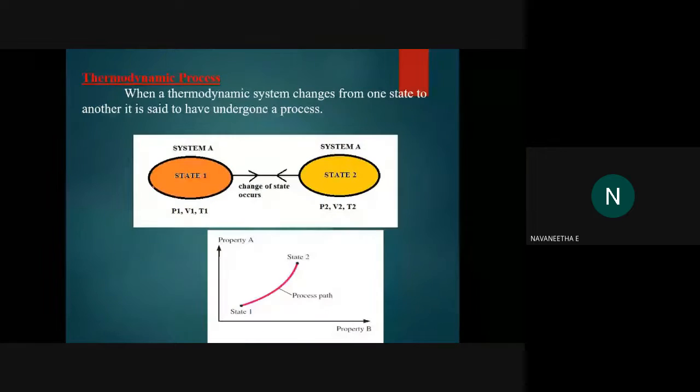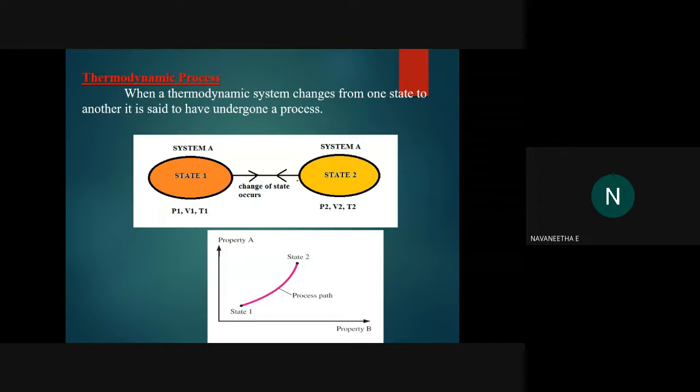Here you can see two states, state 1 and state 2. State 1 has the properties P1, V1, T1. We can change the system from state 1 to state 2 by applying some work or load on that system.